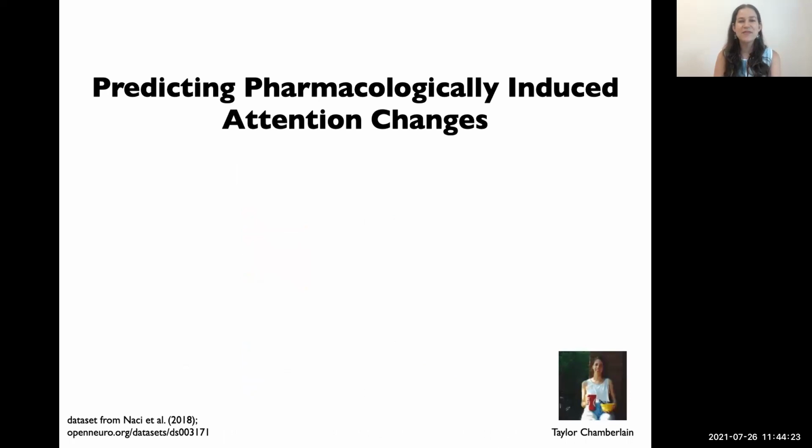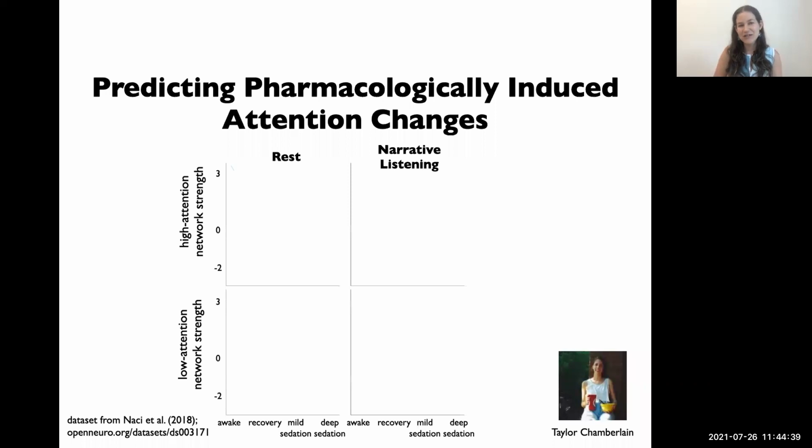Recent work from Taylor Chamberlain, who's a lab manager in my lab, actually pre-registered a hypothesis that we would replicate these results in a different data set that's publicly available on OpenNeuro. Really interestingly, this data set has functional MRI data from people who are awake, recovering from anesthesia and under deep sedation with propofol.